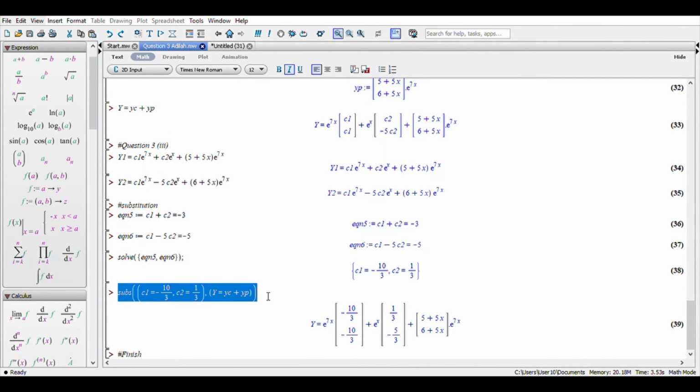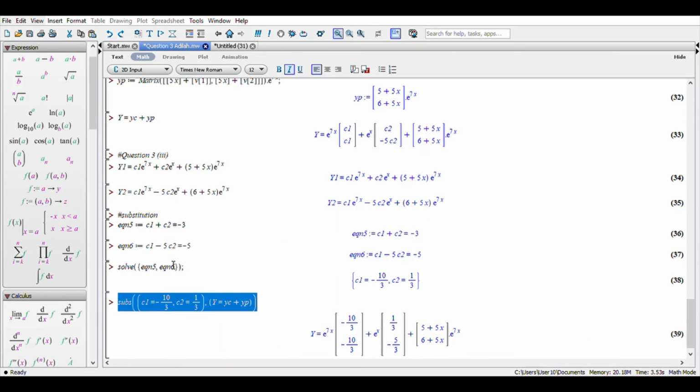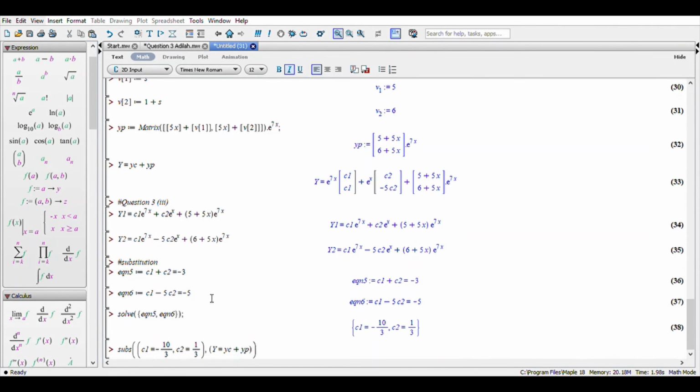And lastly, it will substitute the values of C1 and C2 in the y equation.